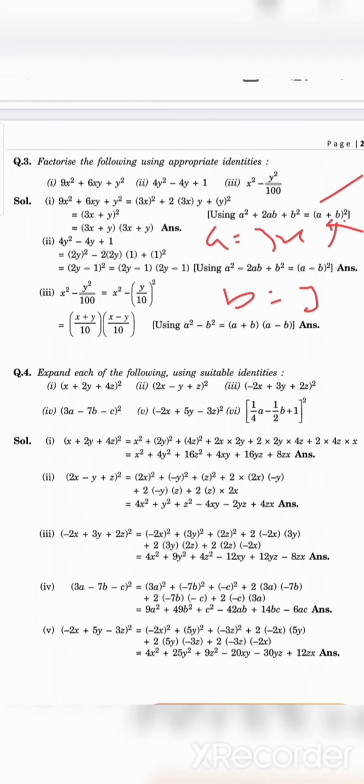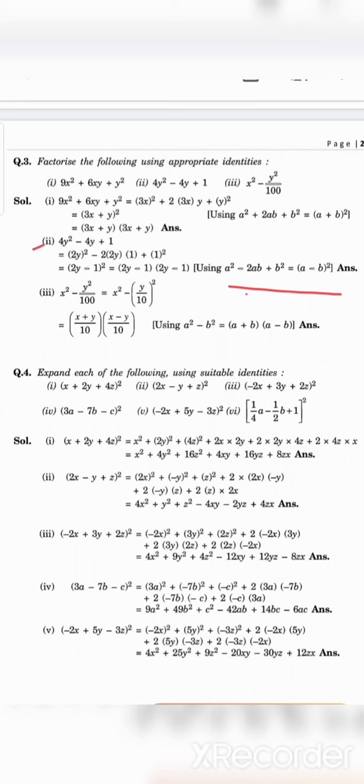Same, question number second. Again the given polynomial is 4y square minus 4y plus 1. Here we use our identity number 2, because the polynomial looks like identity number 2 RHS. So we write identity number 2 RHS as a square minus 2ab plus b square, whose factor is a minus b whole square.